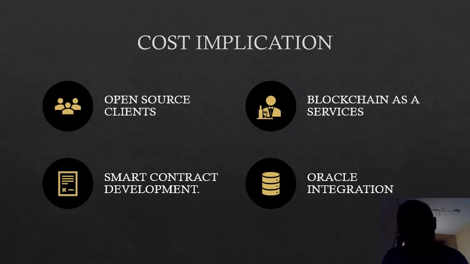The one good thing is that you can actually have a hybrid, in the sense that you can make use of the blockchain as a service system, and then you can also have your own private node in your own establishment. That's a hybrid kind.